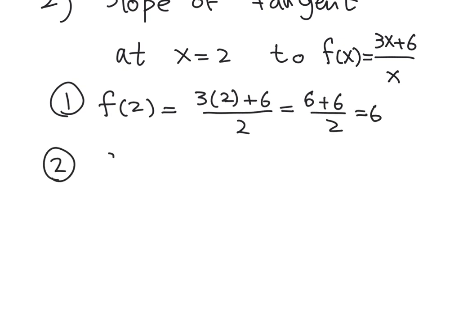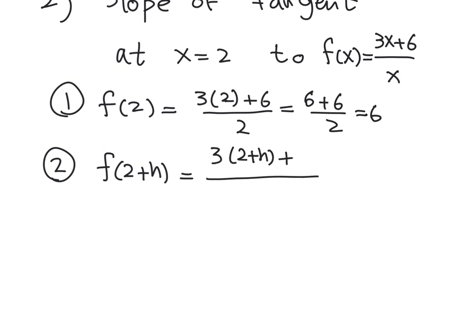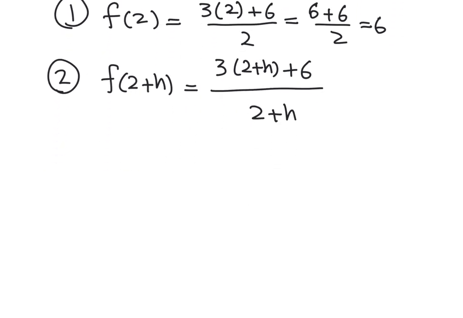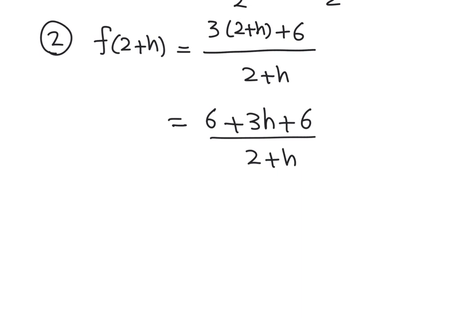Number 2, you calculate f of 2 plus h, which is equal to 3 times 2 plus h plus 6 over 2 plus h. Yeah, let's simplify this fraction. So it's 6 plus 3h plus 6 over 2 plus h, which is equal to 12 plus 3h over 2 plus h.